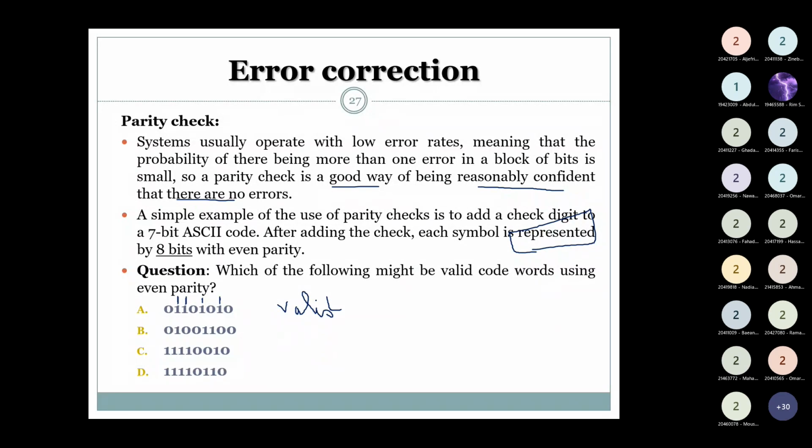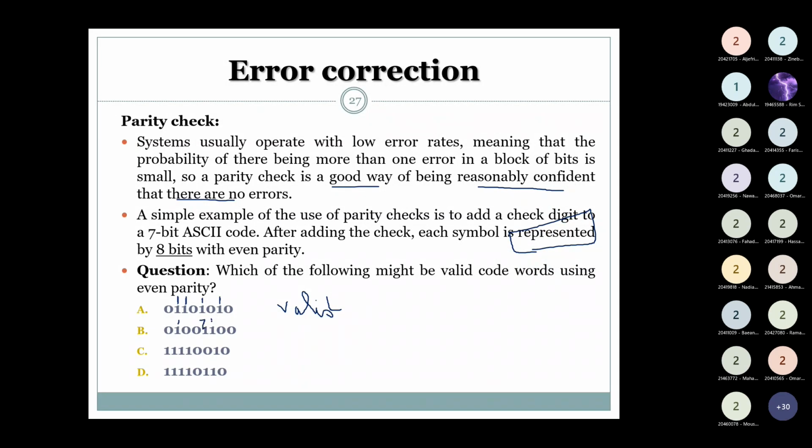Look now at B. For B, is it valid or invalid? Why is it invalid? Yes, because of an odd number of ones. Look, 1, 2, and 3.